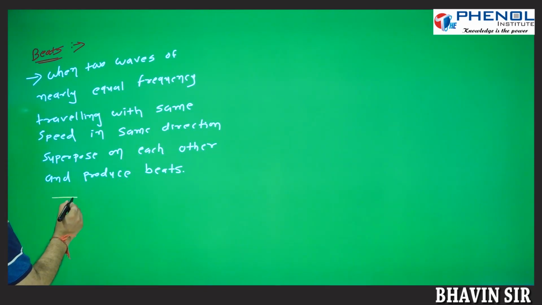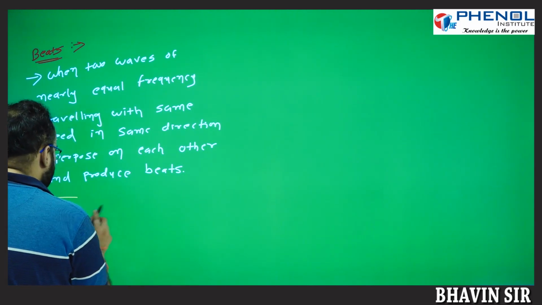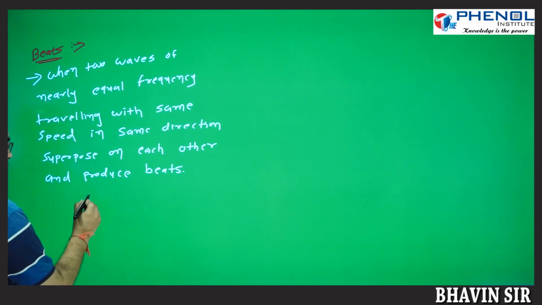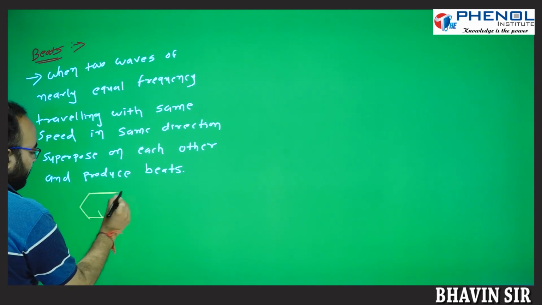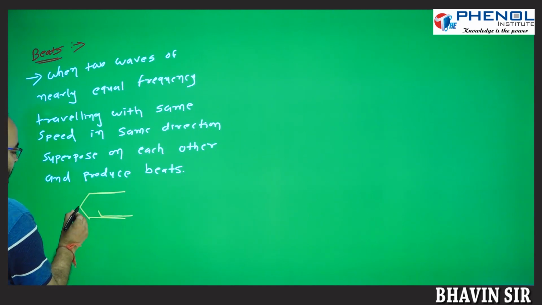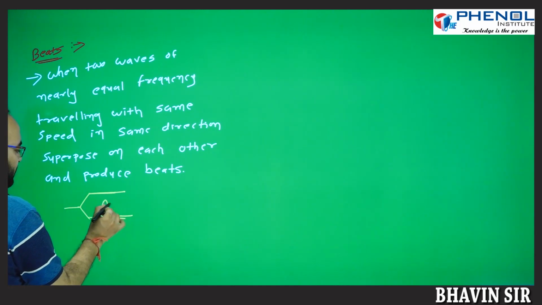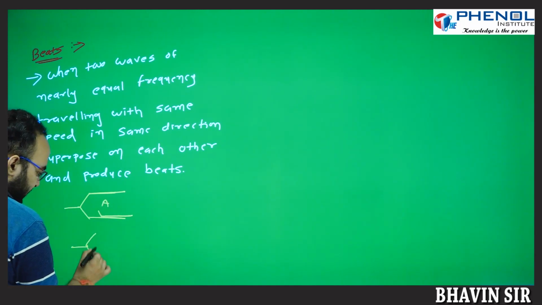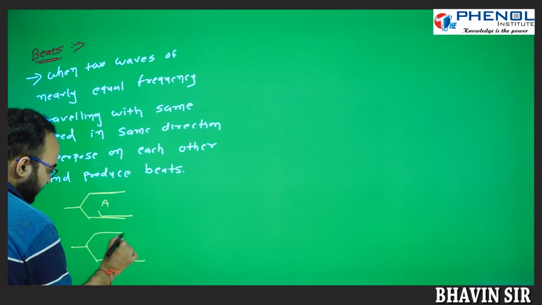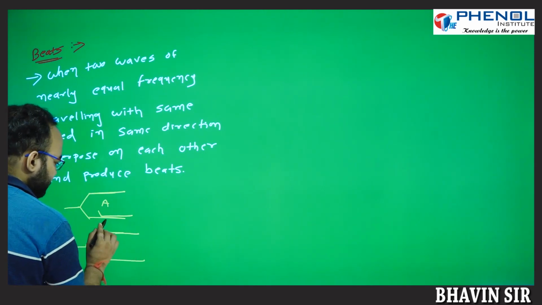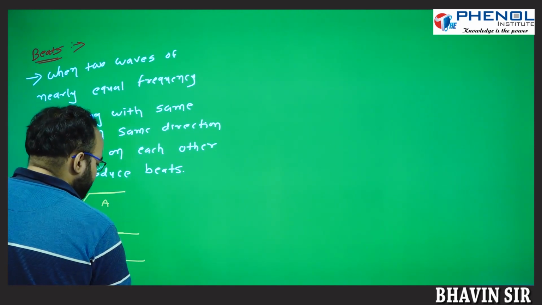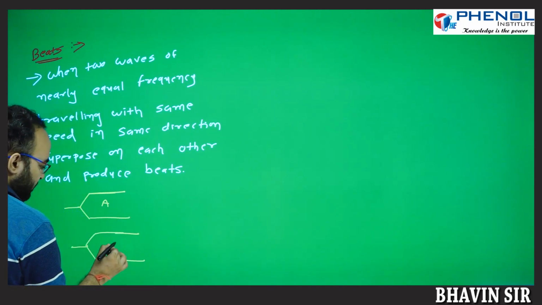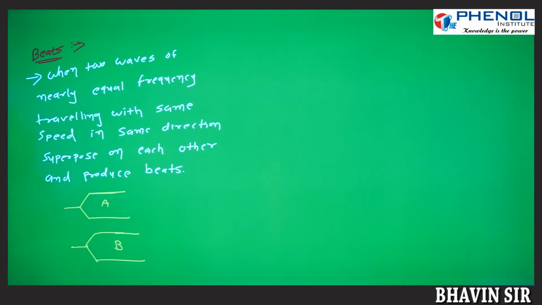Suppose there are two tuning forks. This is the first tuning fork and this is the second tuning fork.